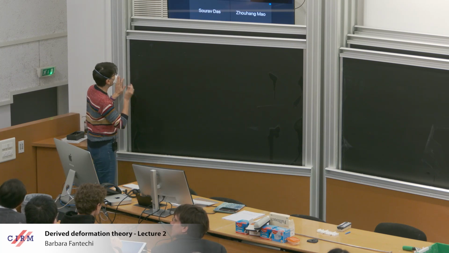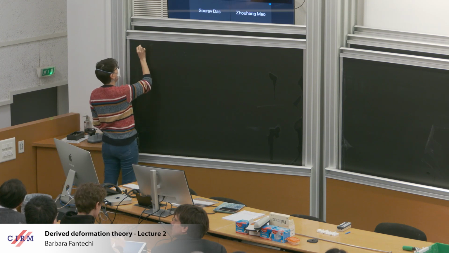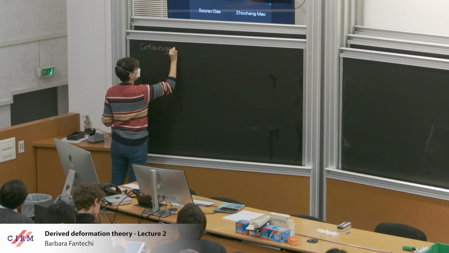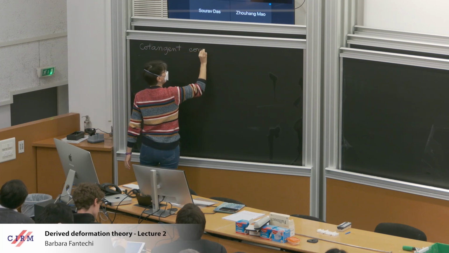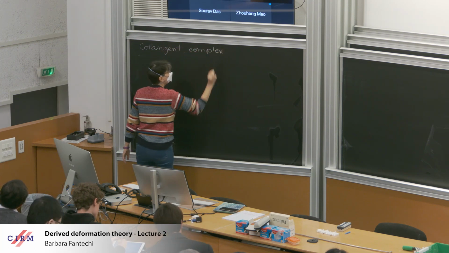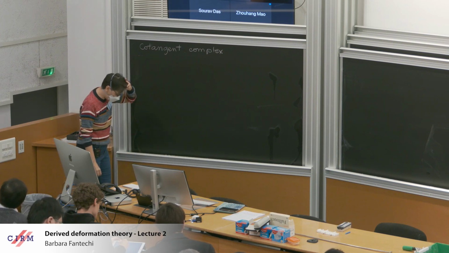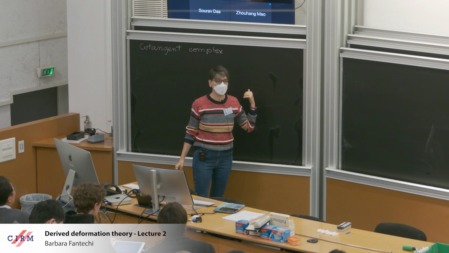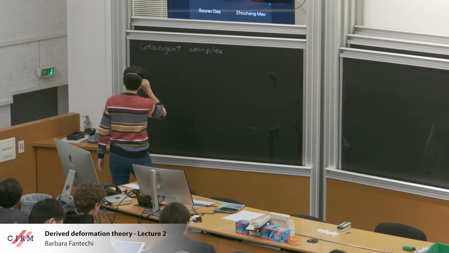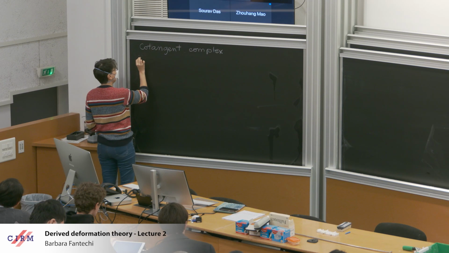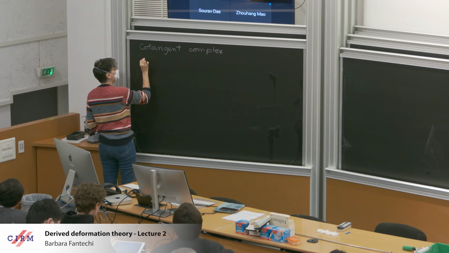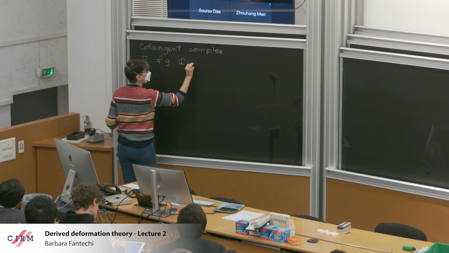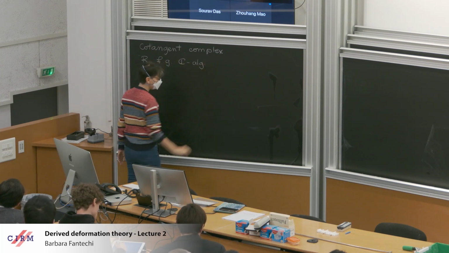So in particular, I mentioned, and so did Mauro, the cotangent complex. And I would like to give an idea of the classical meaning of this term. So the point is, let me start again with R, a finitely generated C algebra.